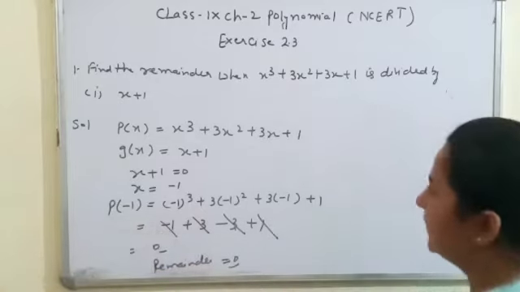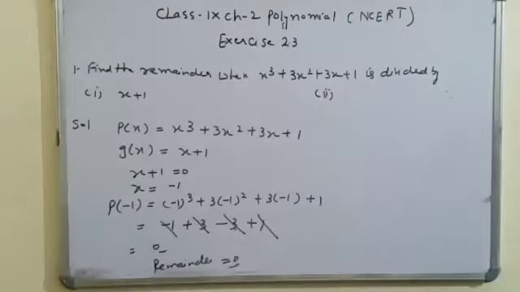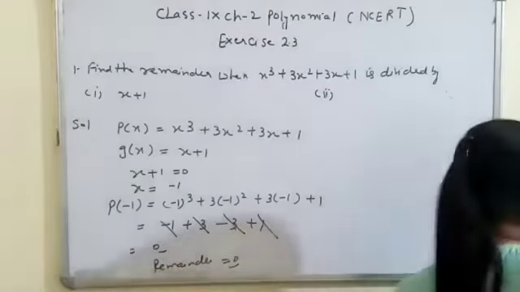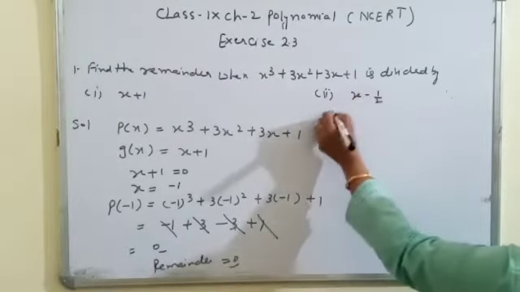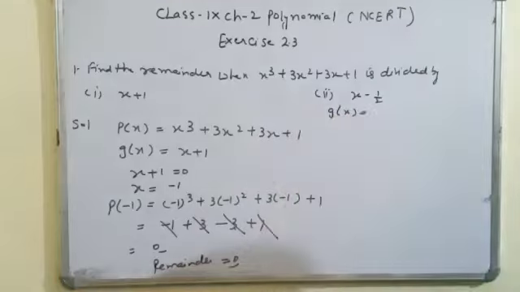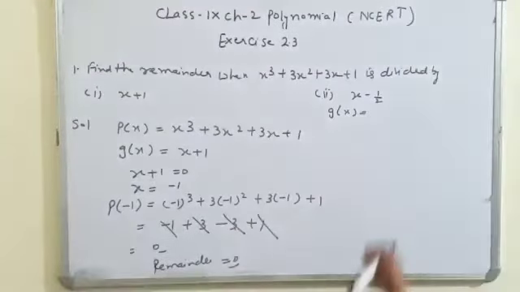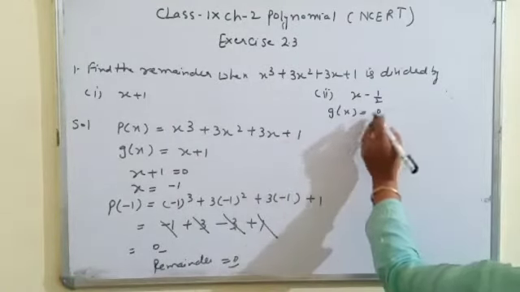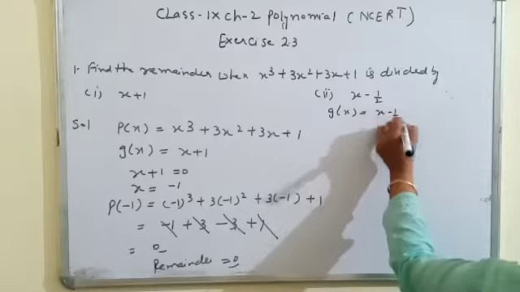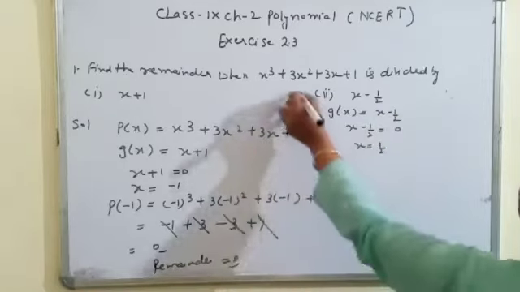Second part is, we have to find the remainder when this polynomial is divided by x minus 1 by 2. So find the zero of this divisor. x minus 1 by 2 is 0, so x equals 1 by 2.